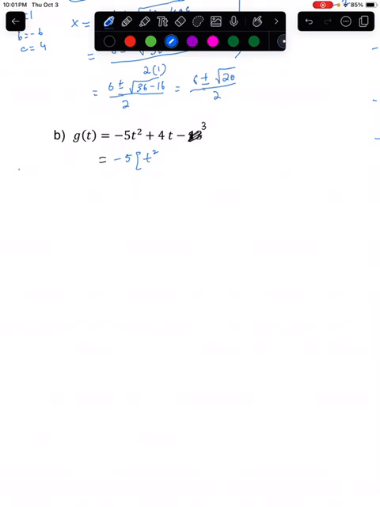Well, the term is 4t. What I'm factoring out is negative 5, so I will divide the term by negative 5. So I get negative 4 over 5t. And then the next term is negative 3. Divide by negative 5, we get plus 3 over 5.